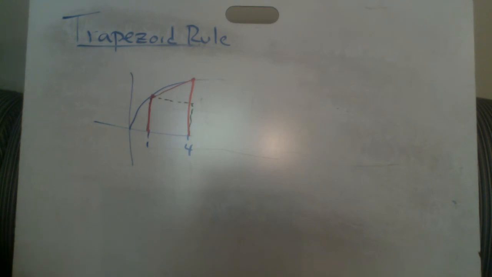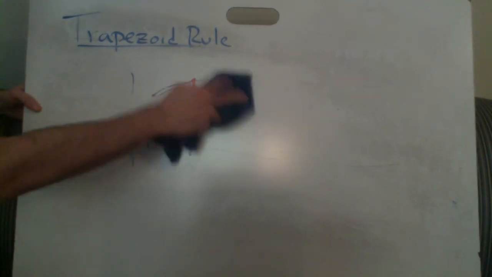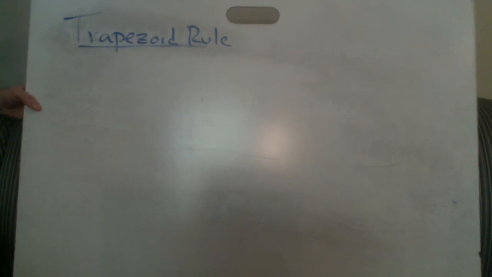And so many trapezoids obviously will be better than one, but one trapezoid is much better than one rectangle. So many trapezoids are much better than many rectangles. And we'll just continue along this line of thought and do an approximation or two. Hopefully it shouldn't be too bad, having seen lots of these approximations before.